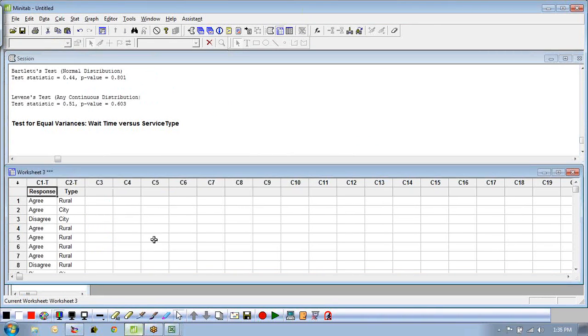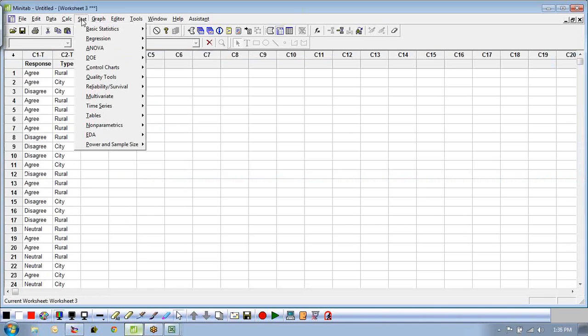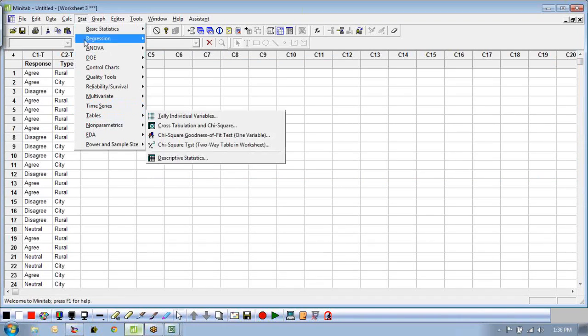Okay. Now I popped it into Minitab. In Minitab, to do a chi-square test, it's for some reason in tables. So you go to Stat, Tables, Cross-Tabulation and Chi-Square. Now we're going here because we have raw data. It'll turn out that we go to the two-way table in the worksheet when we have summarized data.